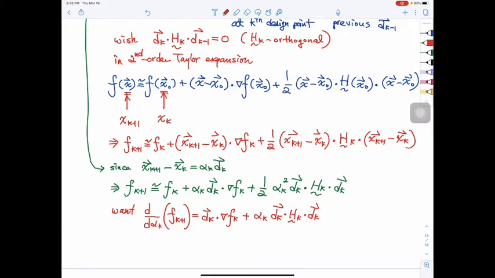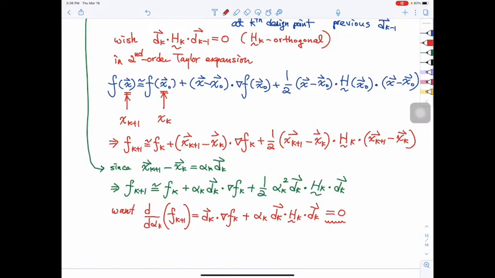And we wish this to be 0. Yes, this is what we wish, because along the line search, we don't know alpha yet. If we find an alpha such that the first order derivative equals 0, then that alpha must be the alpha that we're looking for. So that equals 0 is what we want.